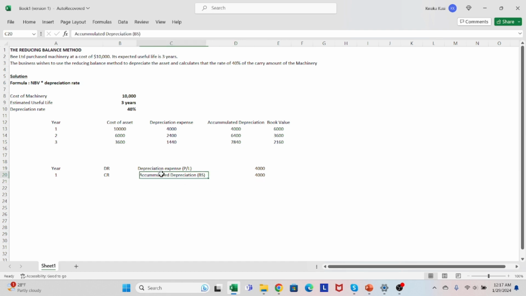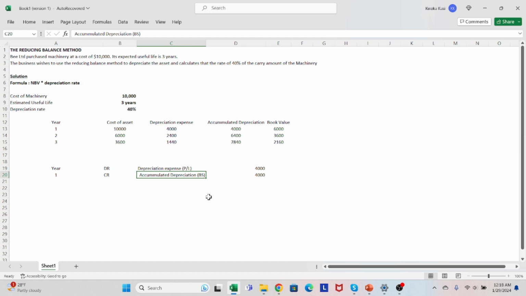So the accumulated depreciation can be found on the balance sheet, and the depreciation expense is in the P&L. So on the balance sheet, you will see this accumulated depreciation at the non-current asset portion of the balance sheet, and then it reduces the asset to its book value. So this is how it works with the reducing balance method.